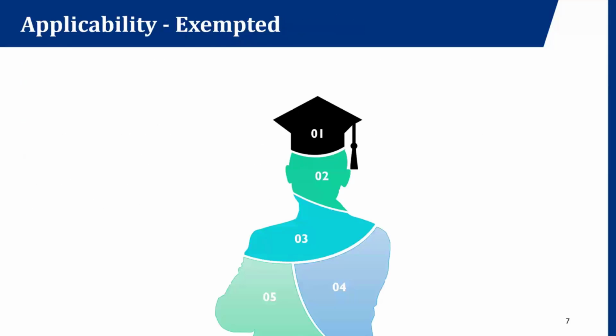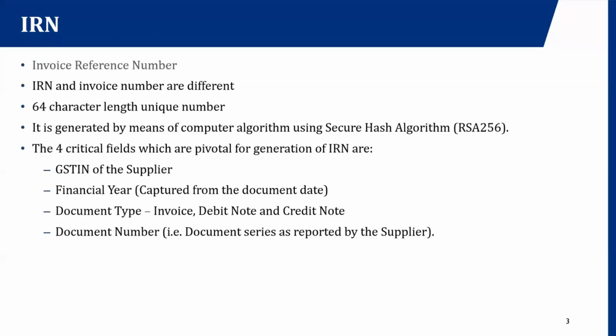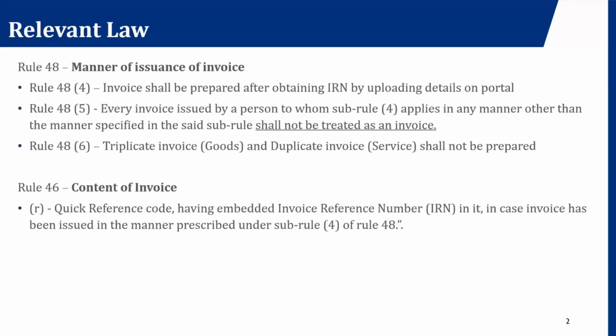We had seen earlier under Rule 48(5), the first slide I had gone through. Just go through that. Rule 48(5) says that every invoice issued by a person under Rule 48(4), if he is not following the manner in which the invoice needs to be generated, will not be treated as an invoice.